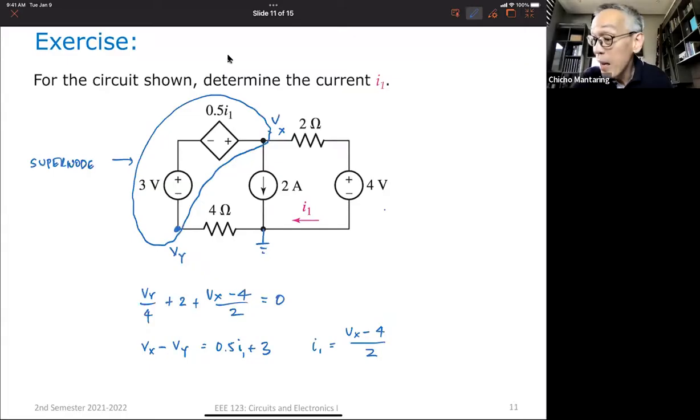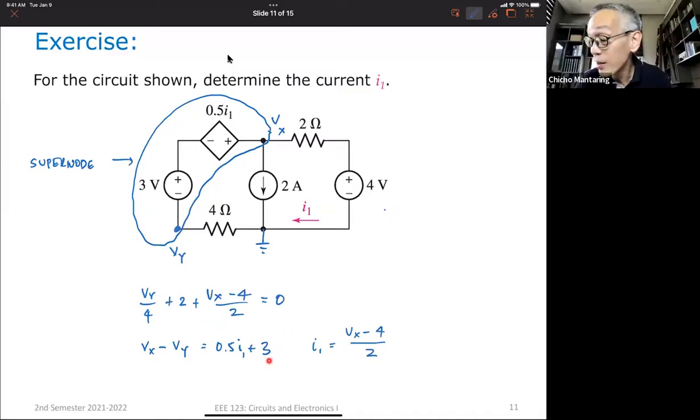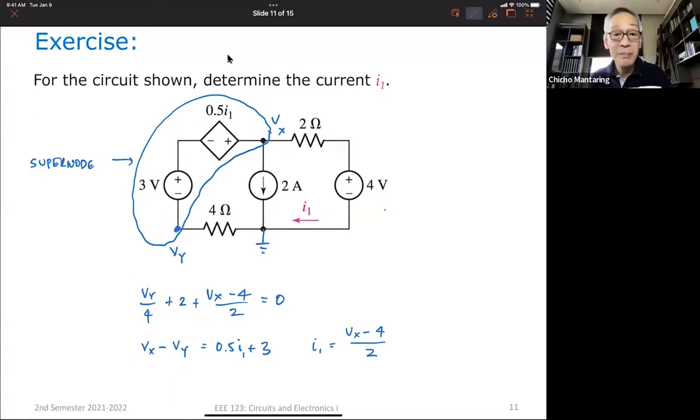Is this where you had a problem, Lance? Yes sir, finding the second equation. This equation. Yeah. Okay. Actually, when you have a problem, you apply KVL.